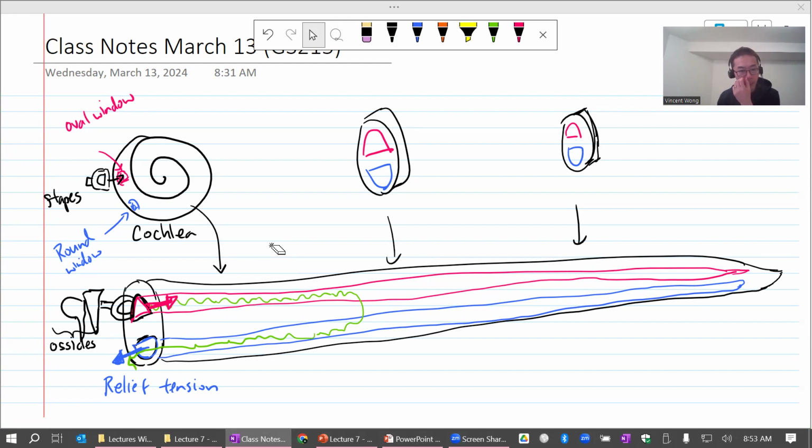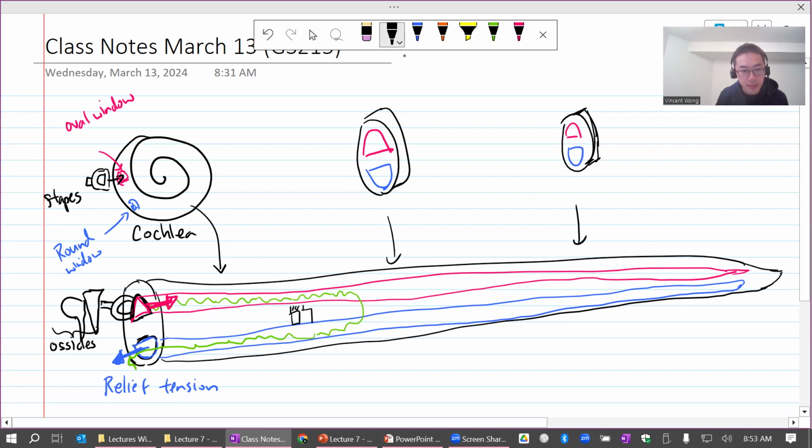Okay. Now, between the top and the bottom channel, there is a third channel in the middle, right? And just to keep it simple, in there is where you will find the hair cells. Remember the hair cells, guys? These are the mechanoreceptors, right? Okay, so you will have hair cells all the way from the beginning to the end. I'm not going to draw all of them.